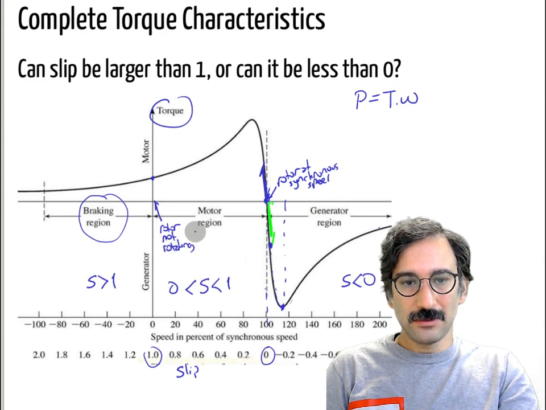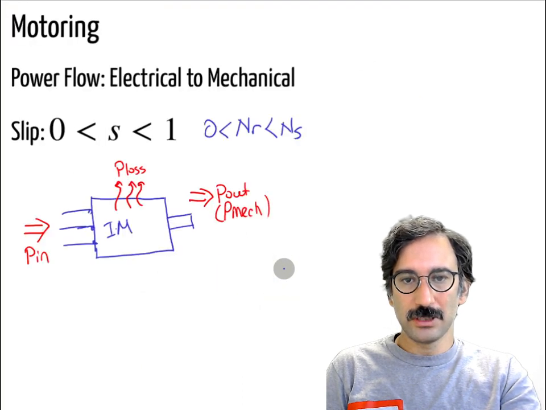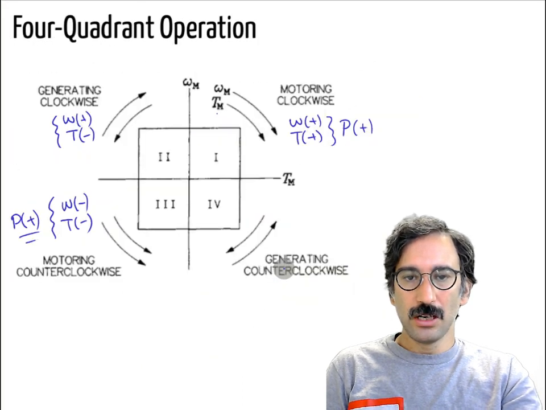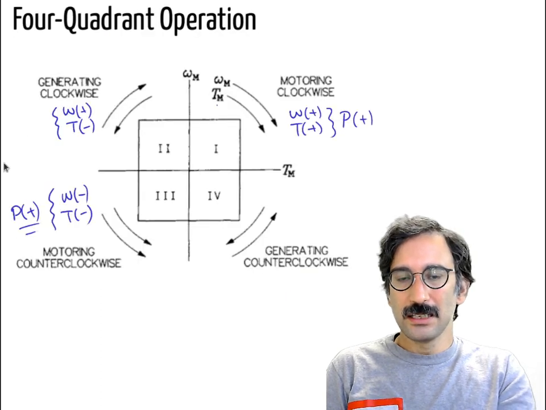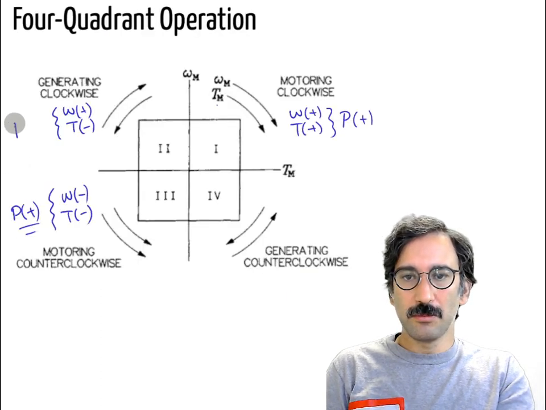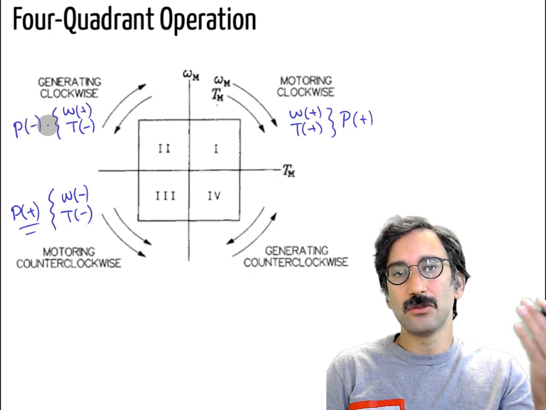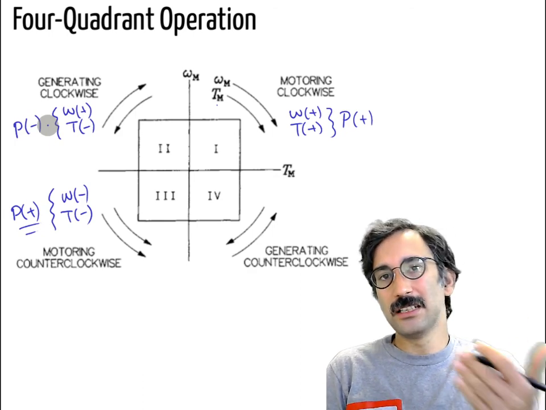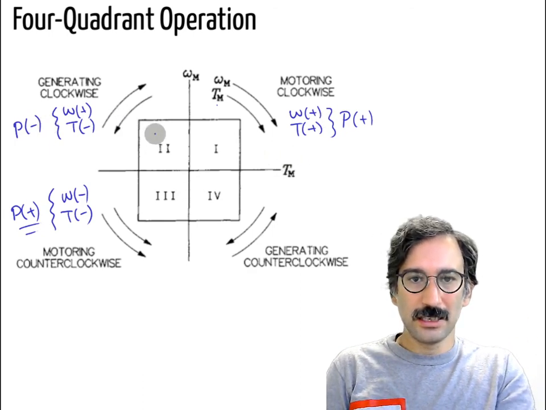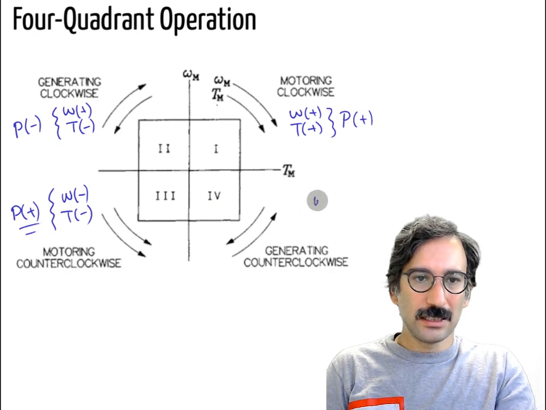Torque is negative, but speed is positive, right? So if you operate in this case, that means your power is negative, so you are converting mechanical energy to electrical energy.